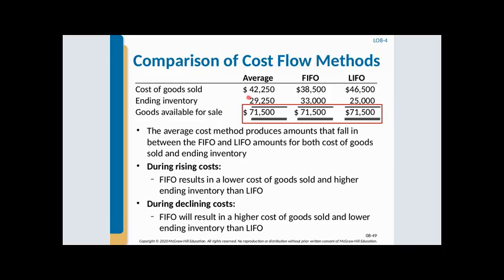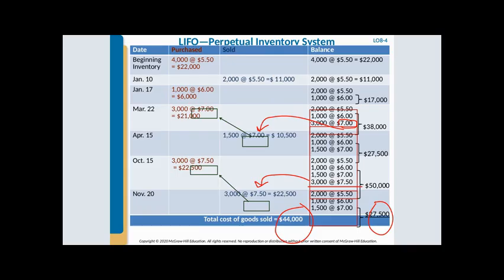All right, and then of course we should know the impact that these cost flow assumptions will have on our financial statements. It depends also if we have rising costs, like in this example, where the cost of our purchases is increasing.